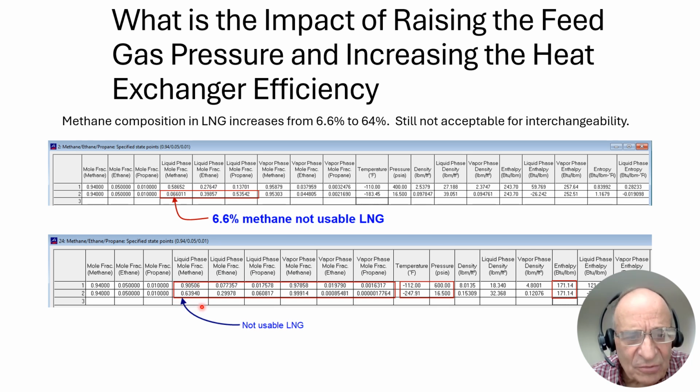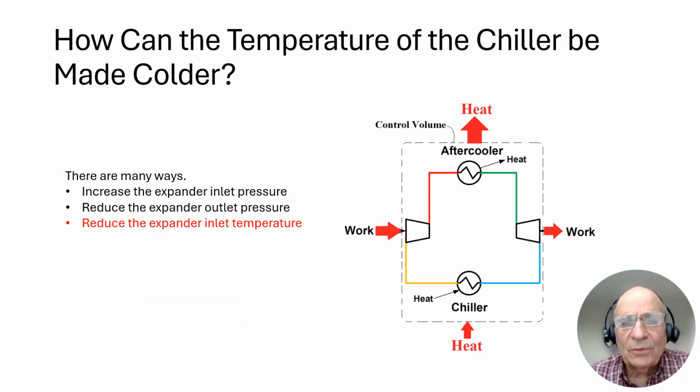It's still not usable LNG because it has too low of a methane content, too high of an ethane content, and too high of a propane content, but it is certainly significantly higher than we had with the lower feed gas pressure. We have a problem. We've made a chiller, but it doesn't get cold enough.